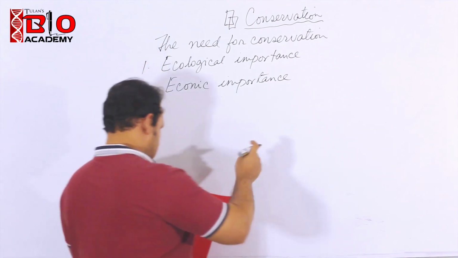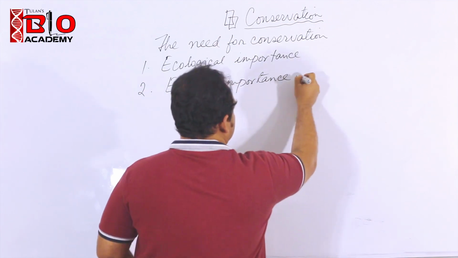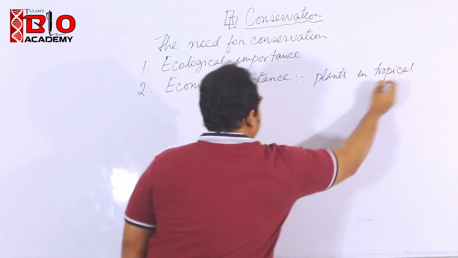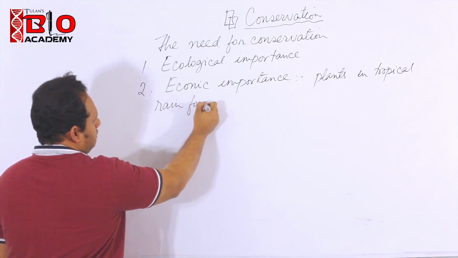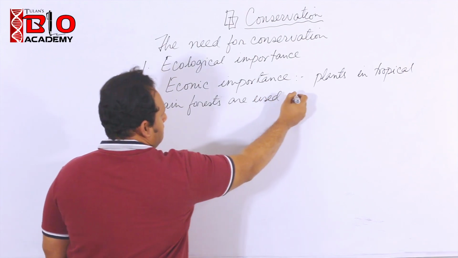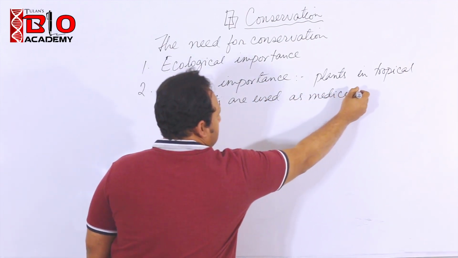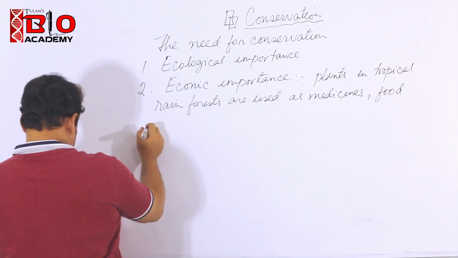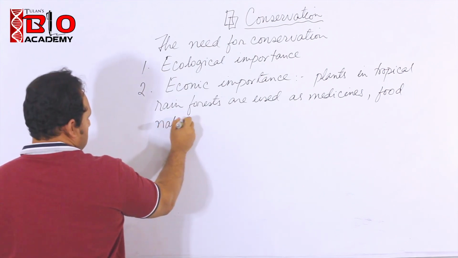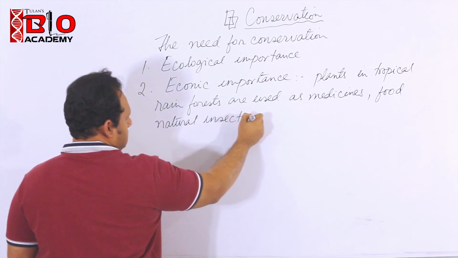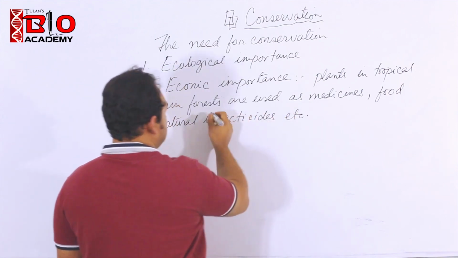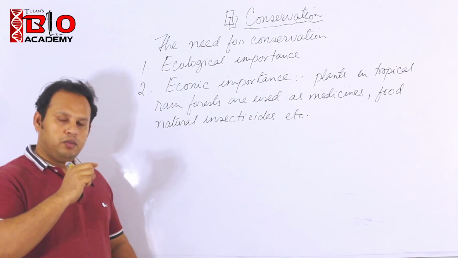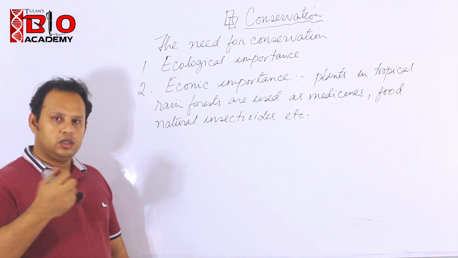So specifically in the tropical rainforests, plants are used as medicines, for food, for natural insecticides, etc. Indigenous people actually use these substances to hunt, because they poison the tips of their arrows, and they use that for hunting.